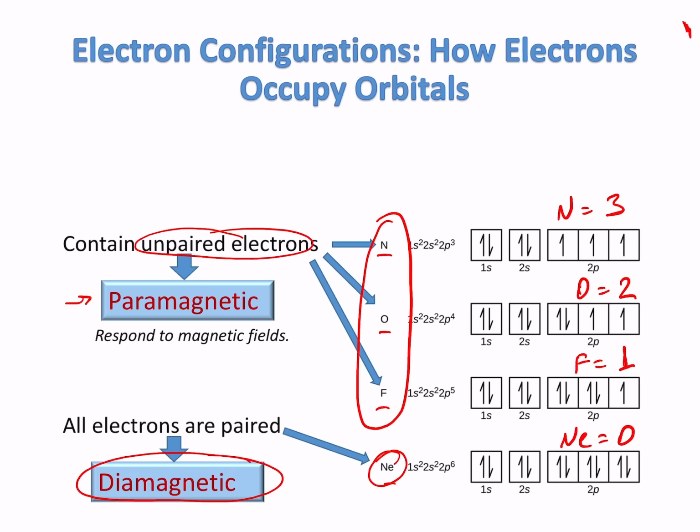And if you have more, the more unpaired electrons you have, it will respond more strongly to magnetic fields, but you don't really have to worry about that. As of now, all we want to know is whether it's going to respond to a magnetic field, and if you have unpaired electrons, that will happen. That element, if it has unpaired electrons, will respond to magnetic fields.